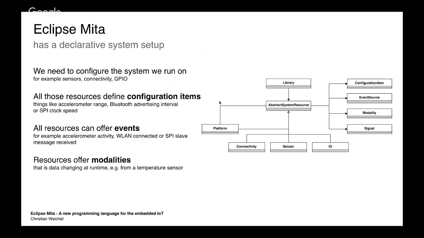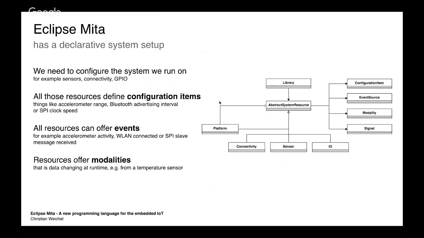So that's a brief overview of the imperative side of Mita. There are a few surprises there. What's more interesting is the declarative system setup. In order to be able to run code on our embedded device or to interact with the outside world, we need to configure that device. For example, we need to configure the radio, for example Wi-Fi or Bluetooth or LoRa.